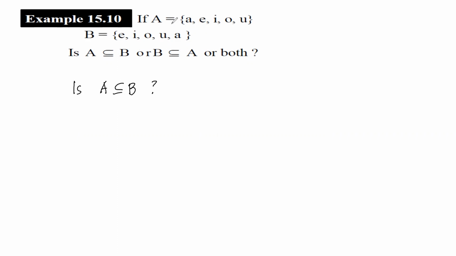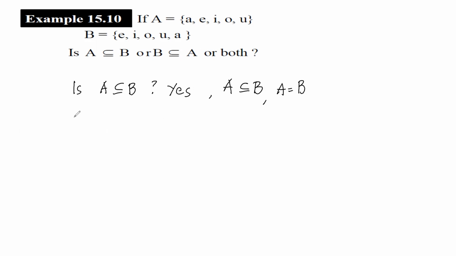We have E, I, O. So therefore, it's a yes. A is a subset of B. Then, and we know that A is equal to B. Because all elements of A are the same with the elements of set B.